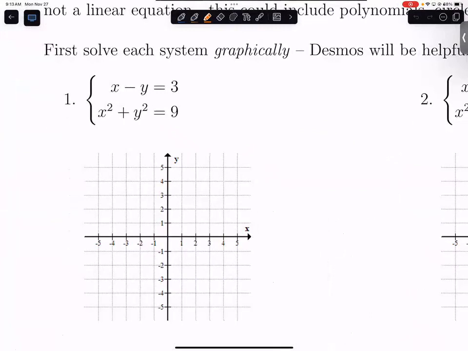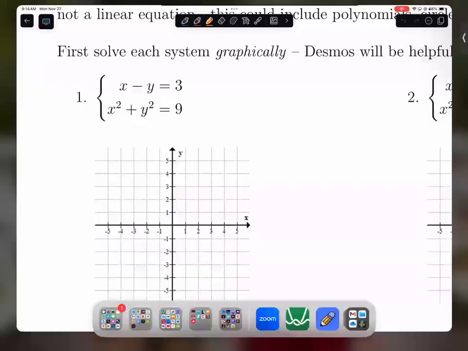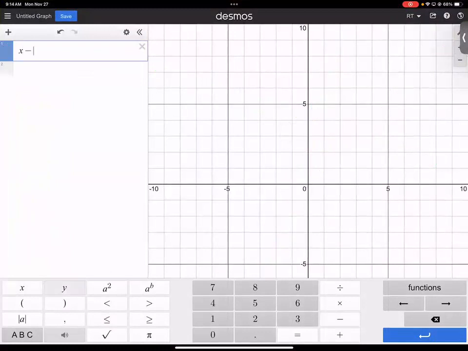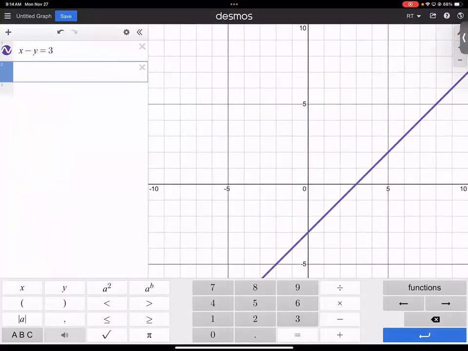Still using substitution and/or elimination, so really doing all the same stuff, just extending it a little bit. Let's start with thinking about what these look like. Again, x minus y equals 3 is a line. x squared plus y squared.